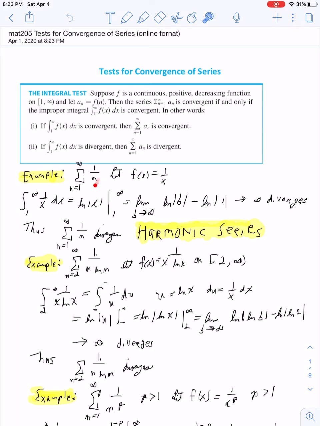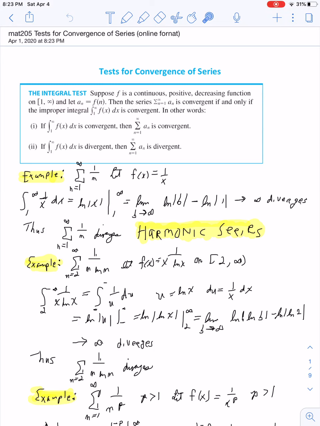Well, since a sub n is 1 over n, the function I'm going to look at is 1 over x. Now, what should you notice? You should notice that 1 over x is, in fact, positive and decreasing on 1 to infinity. Okay, which means I can apply the integral test.